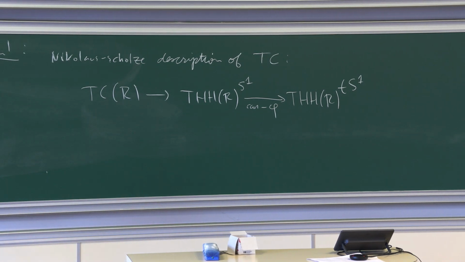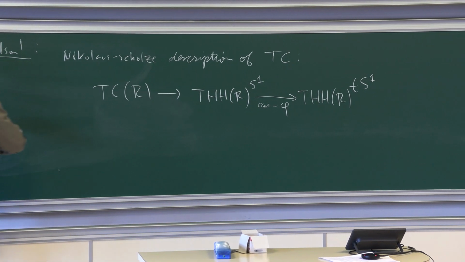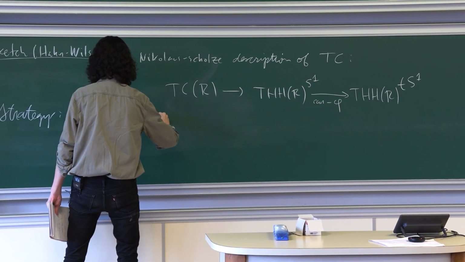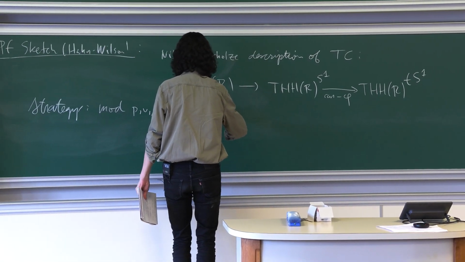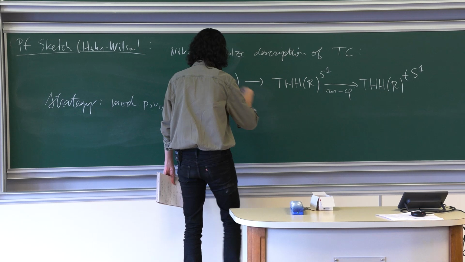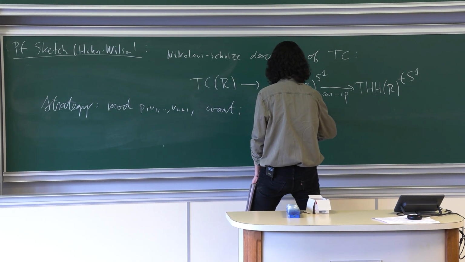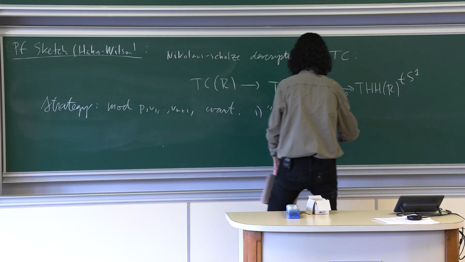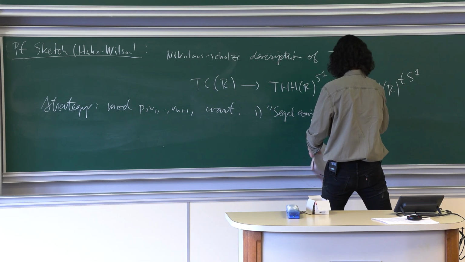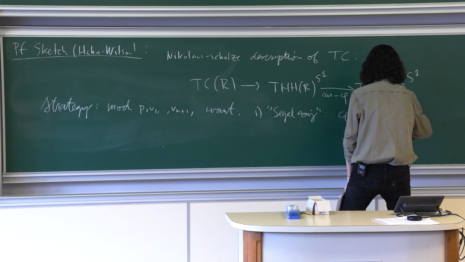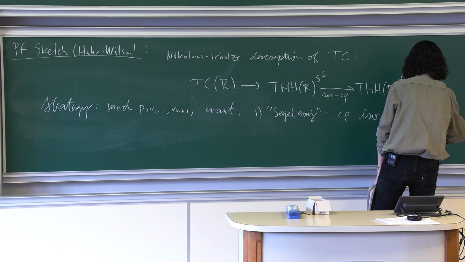And the strategy is that mod p, v1 up to vn plus 1, you want two things. The first thing, which they call the Segal conjecture, never mind why it's called that: phi is an isomorphism in high enough degrees.